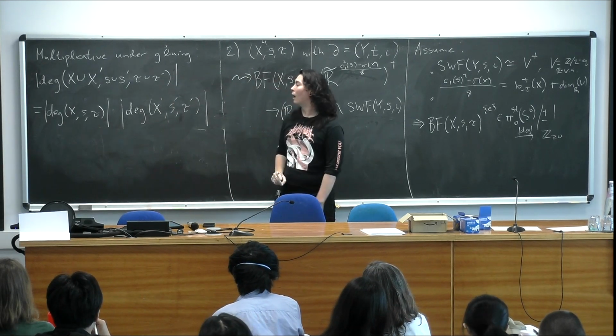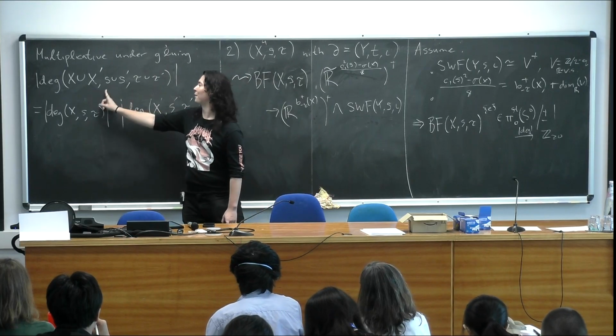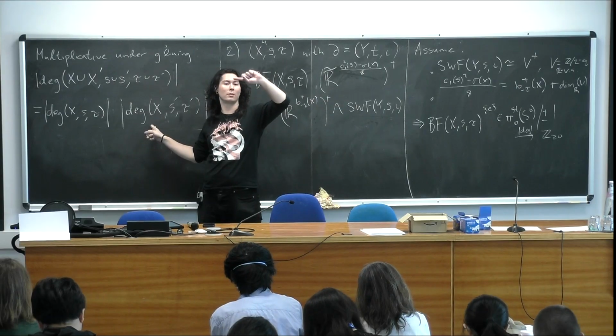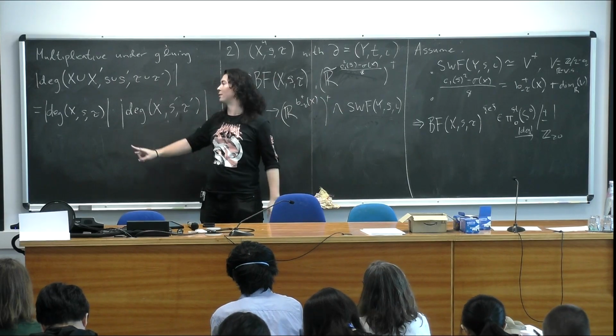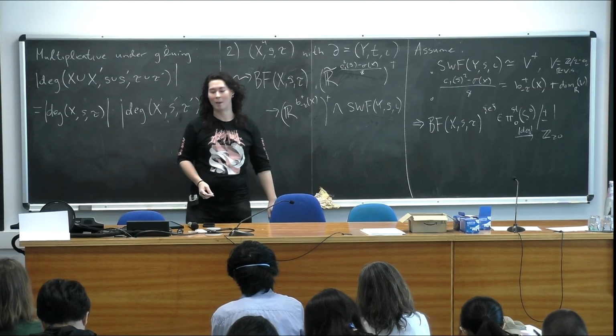And so this formula holds precisely when all three of these guys are defined, right? Remember, I made a bunch of assumptions for the closed case and in the case with boundary, and so this holds when these guys actually make sense.